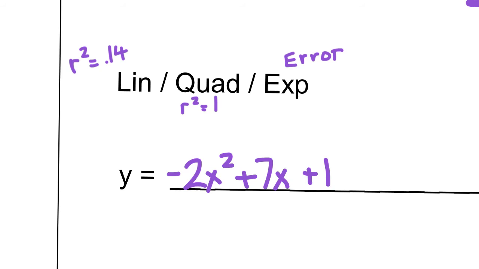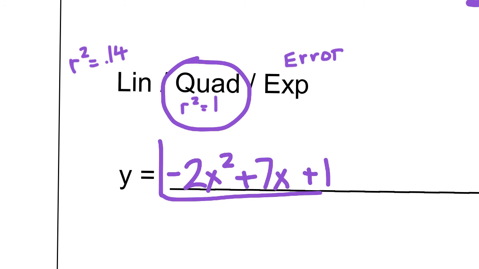For number 6, you may have found that one of them gave you an error. But between the linear and quadratic regressions, we can see the quadratic is a perfect regression. And so here is our formula for the quadratic regression.